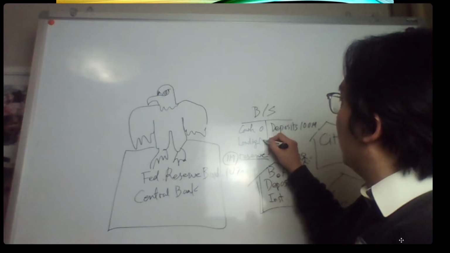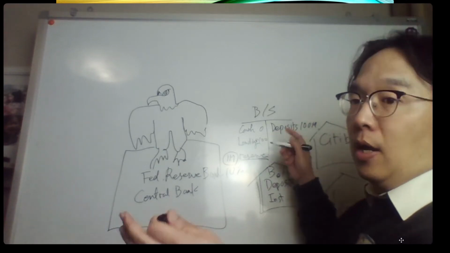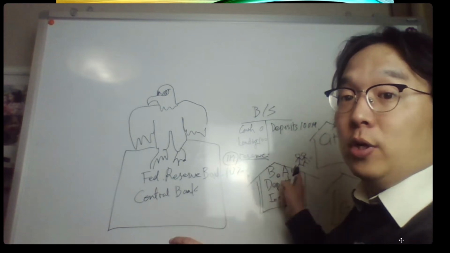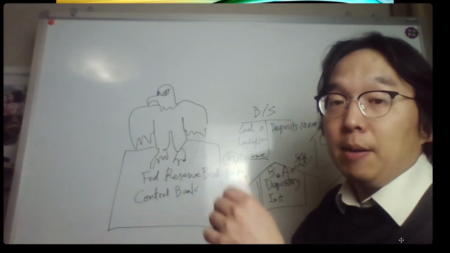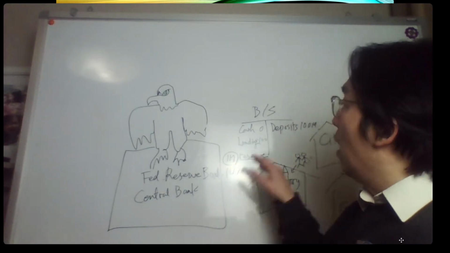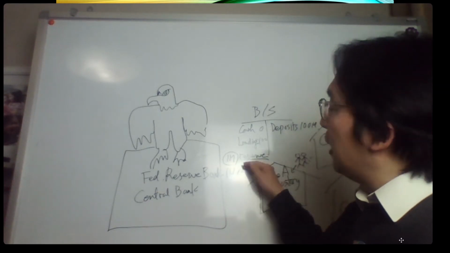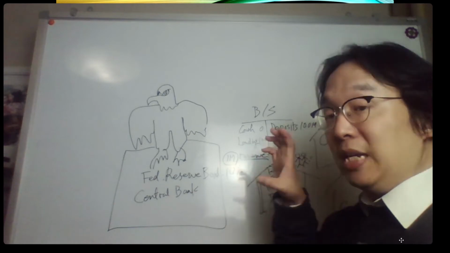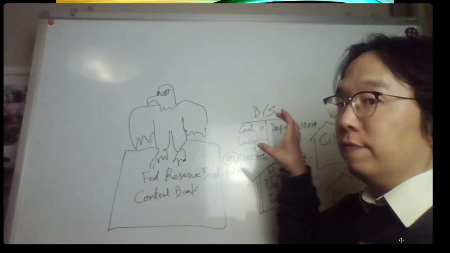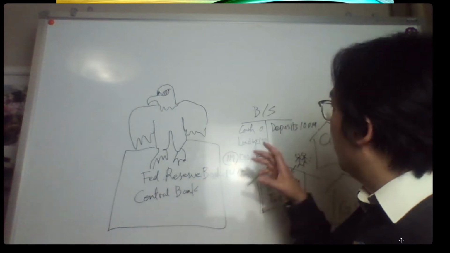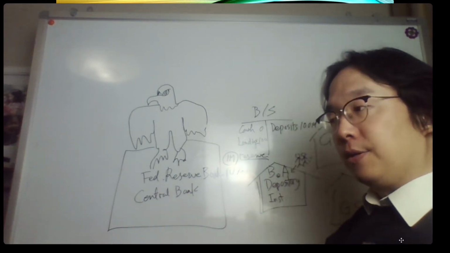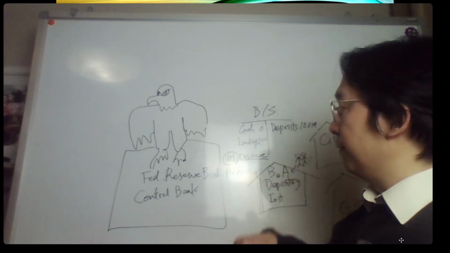You're in trouble because you don't know how many of your depositors will come back and say, give me my money. That's scary. So you have to keep at least a minimum amount in your vault or safe, so that you will be able to pay your deposit clients. So that's the reserve amount.